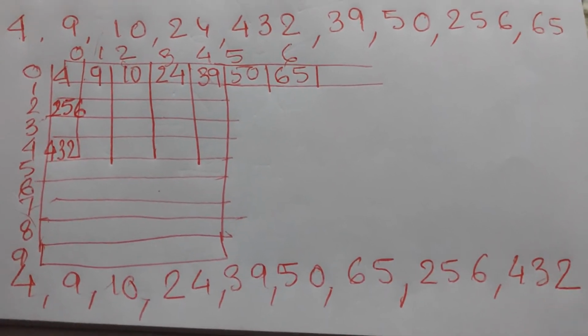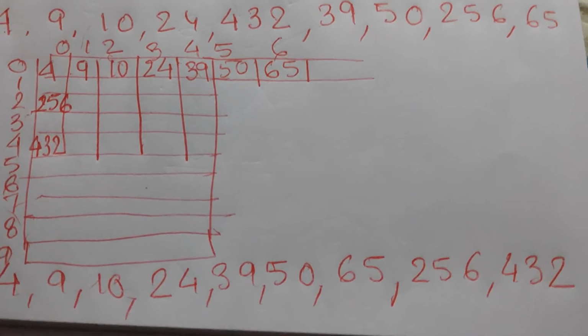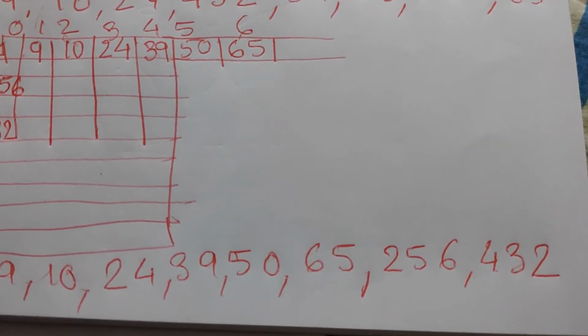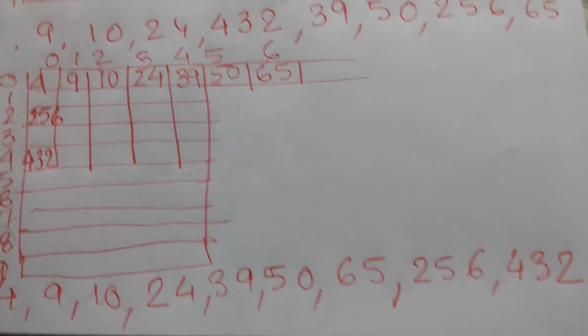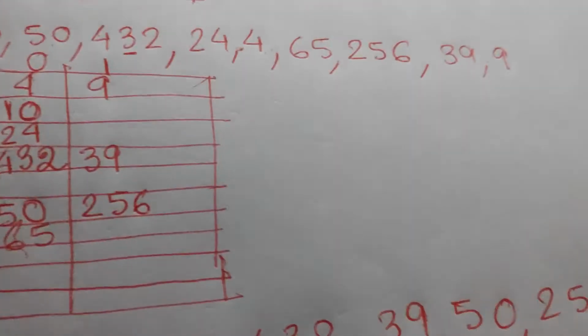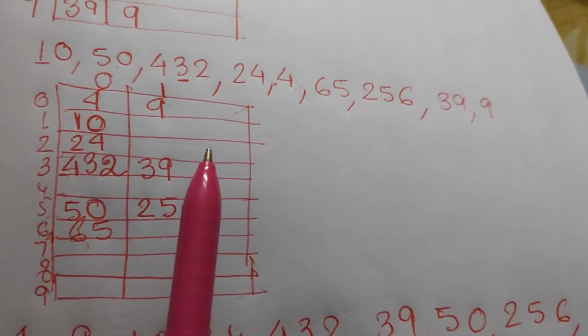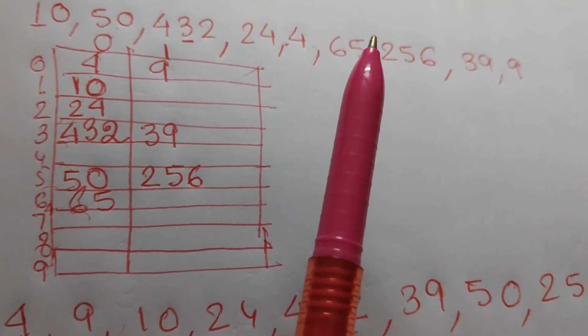So we will stop the process once the number of iterations is equal to the maximum number of digits that can be found in the numbers in the array. Clear? So this is called Radix sort, where the numbers are sorted according to the digits that they carry, right?